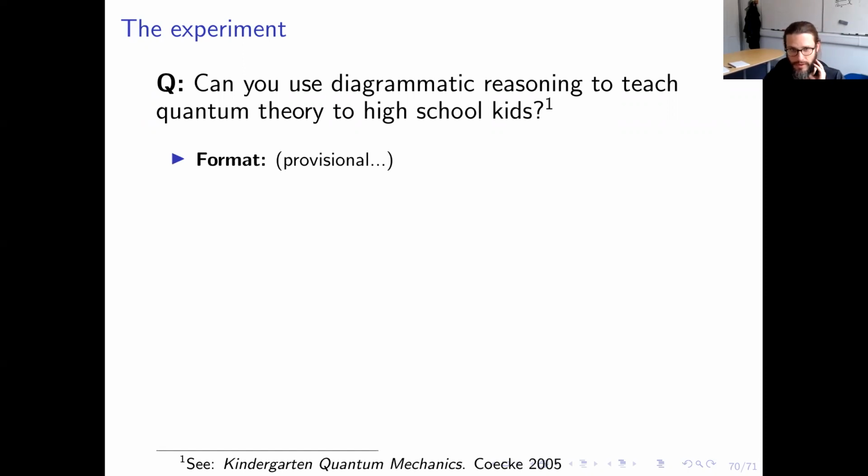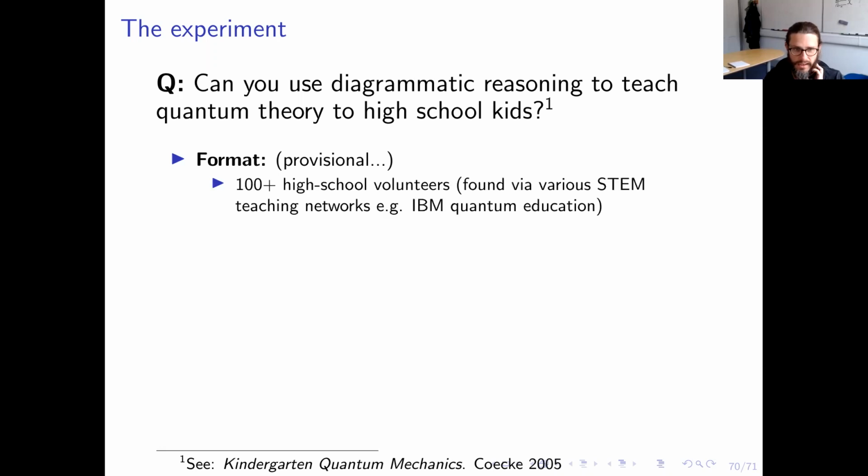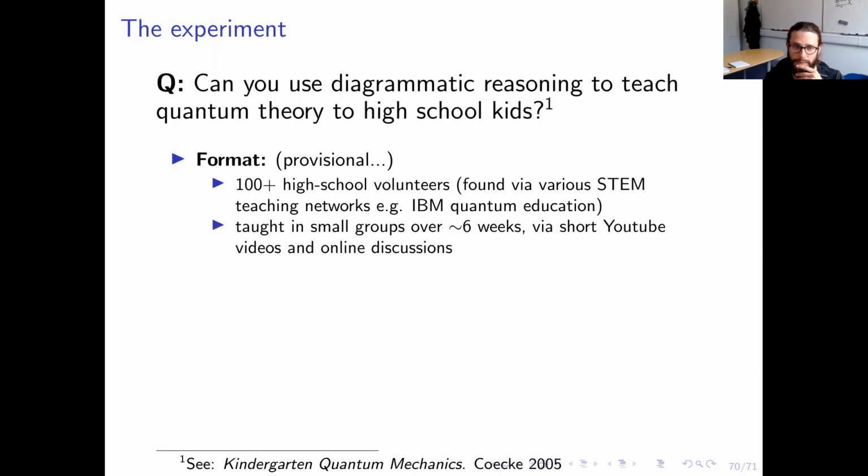So the provisional format for this study is we'll take 100 to 150 high school volunteers, which we can find through various networks, taught in small groups online over the course of about 6 weeks, a kind of tutorial course.